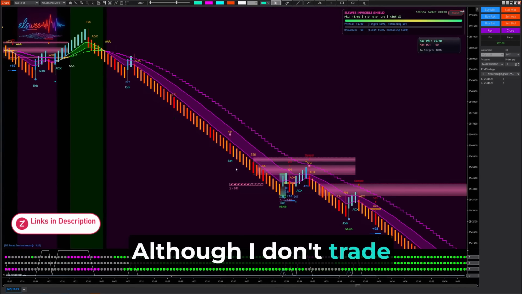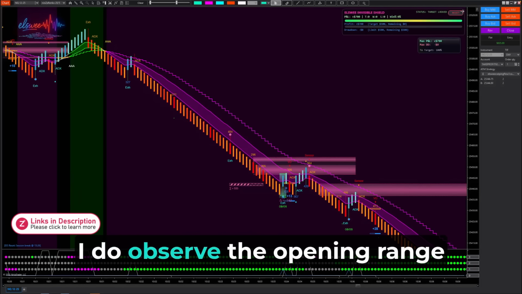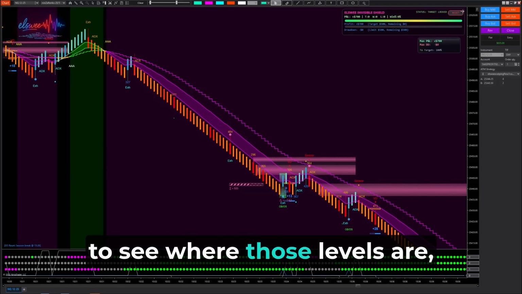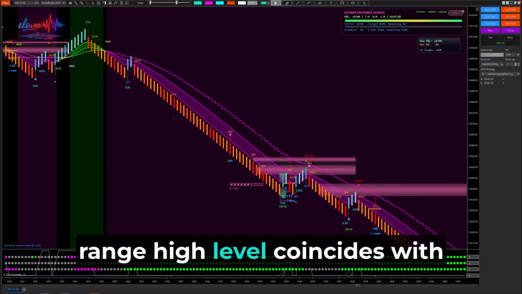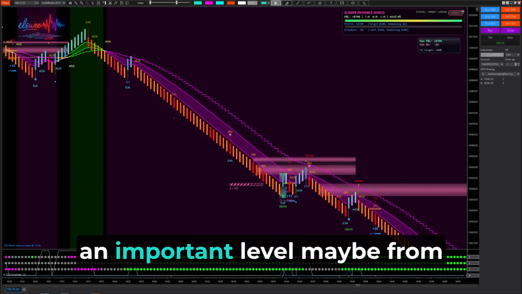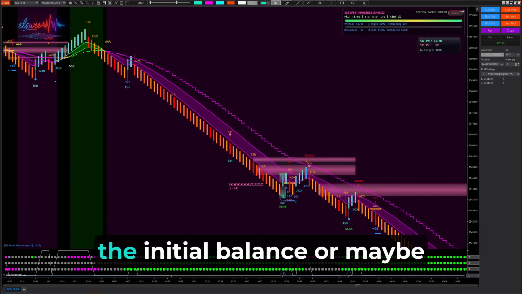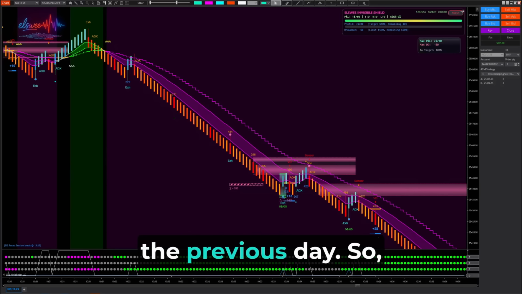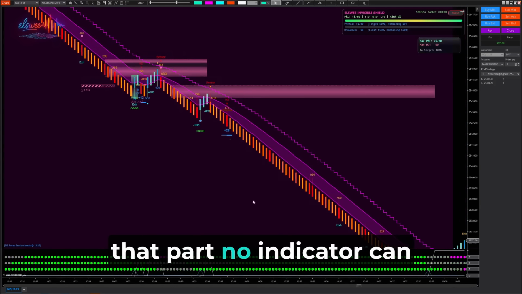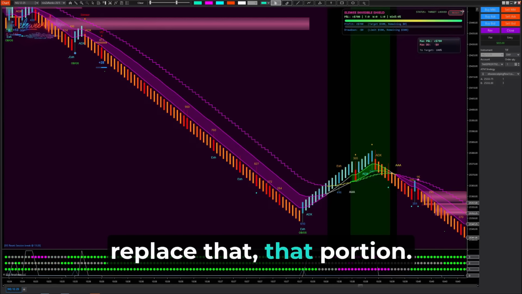Although I don't trade the opening range, I do observe the opening range to see where those levels are, because many times the opening range high level coincides with an important level, maybe from the initial balance or maybe from a FIBO that I draw with levels from the previous day. So that part, no indicator can replace that portion.